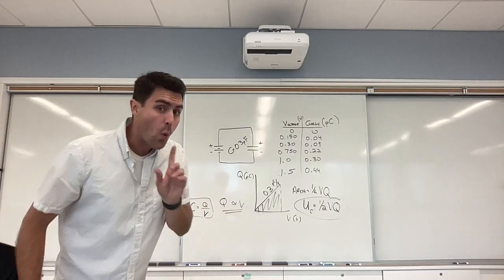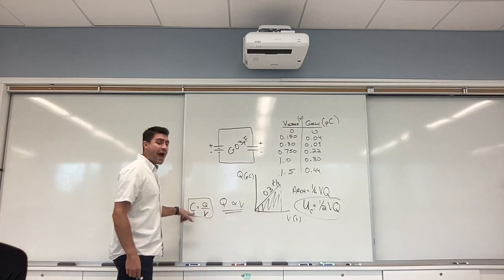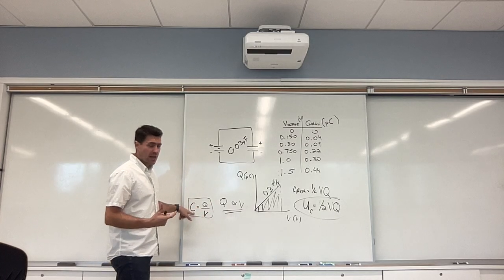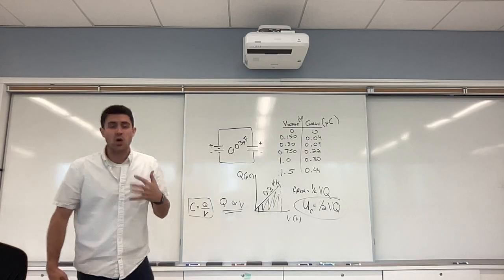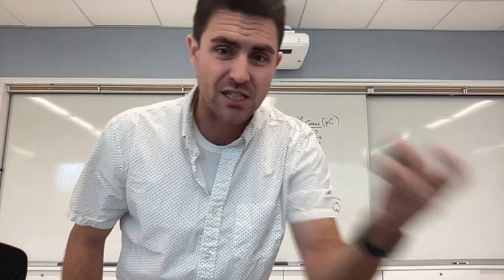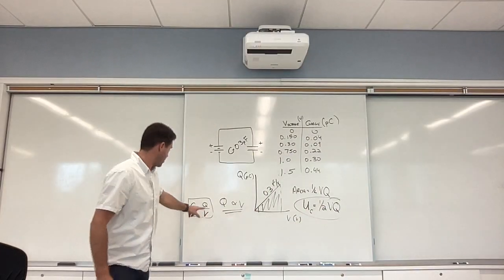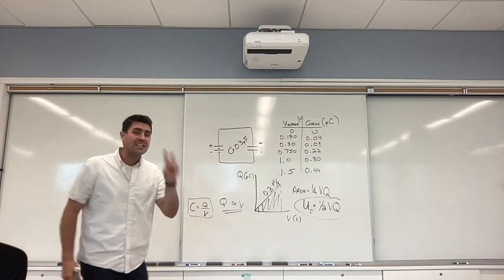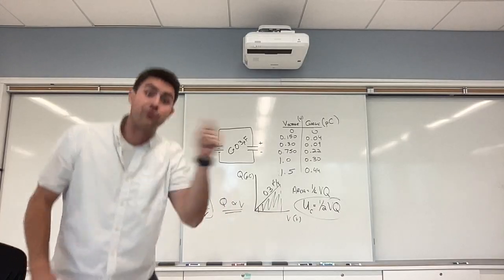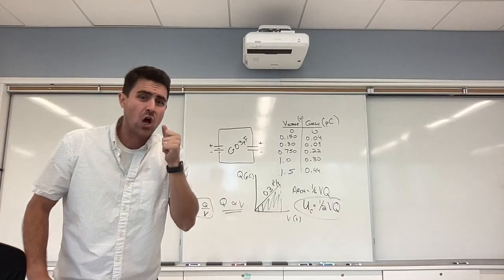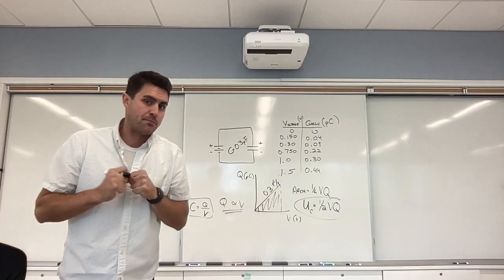I want to show you one more thing though, because this is wild. We already said that capacitance doesn't change based on charge or voltage, right? It's an inherent quality of this device. So this capacitance doesn't change unless I change this device. My question is, if I double my voltage, if I take the battery and I crank it from 2 to 4 volts, what happens to the stored energy on that plate?